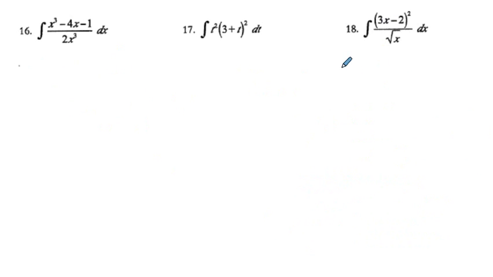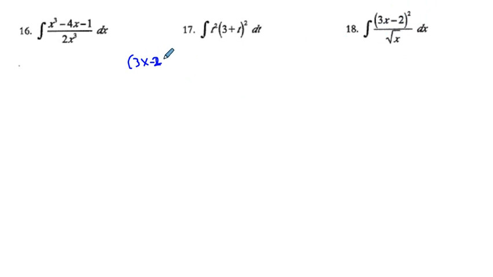The last one we're going to look at is number 18. And number 18, we have this quantity 3x minus 2 squared over the square root of x. So the first thing, as in problem 15, I'm going to expand this quantity 3x minus 2 squared.